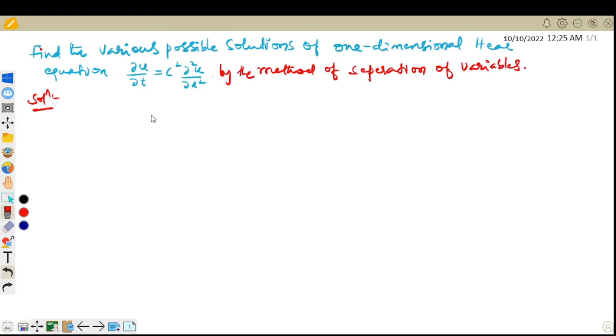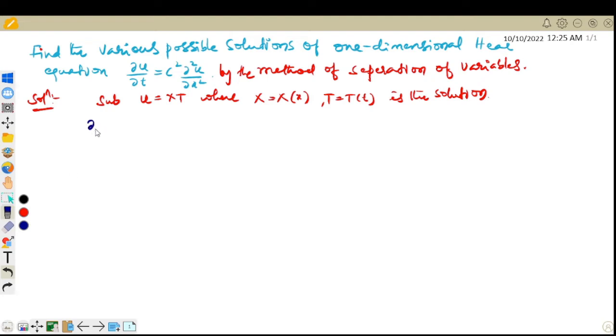Now, by using the method of separation of variables, we are going to substitute u equal to X T, where capital X is a function of small x and capital T is a function of small t, as the solution by separation of variables. So let us substitute u equal to XT in the given equation and observe what will happen.